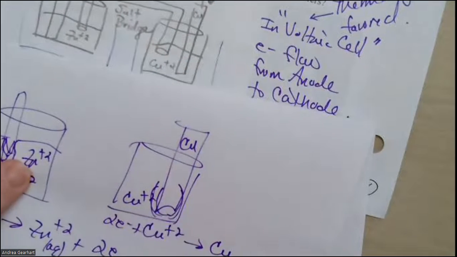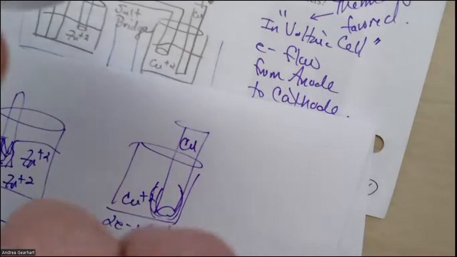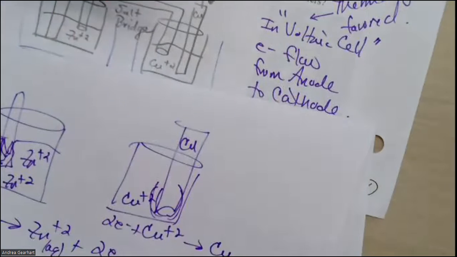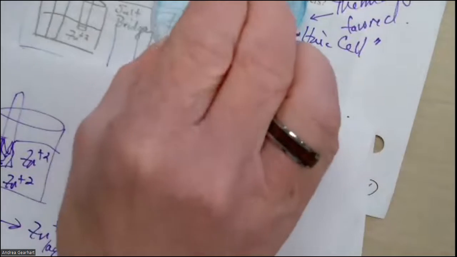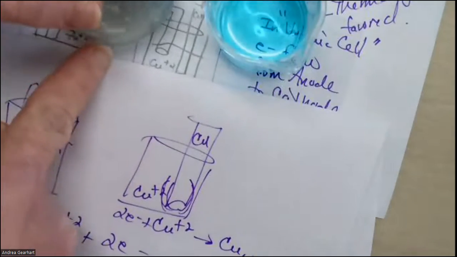Remember, I showed us these. This has been sitting since yesterday. Now, this, of course, was the zinc in direct contact with the copper solution. But the copper solution would begin beautiful blue, and look at it today.